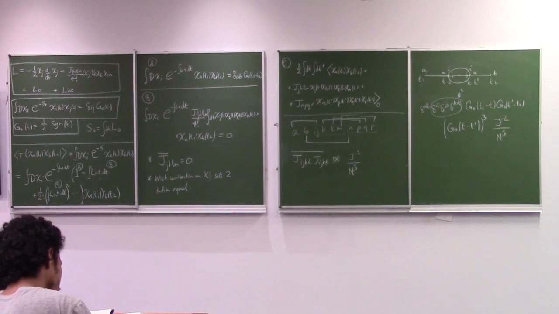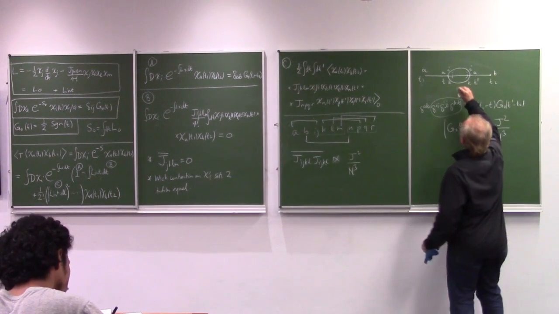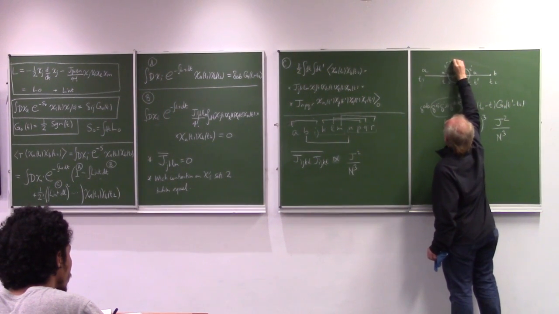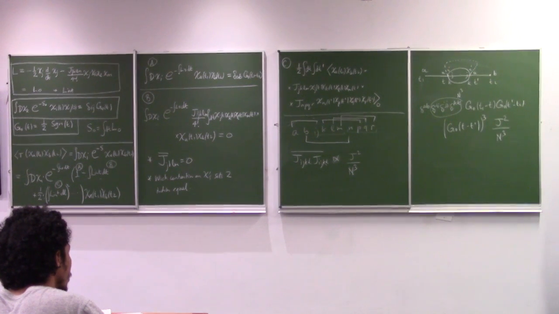Okay. And of course here, I haven't finished drawing my Feynman diagram. I should do that to indicate how the disorder average was taken.